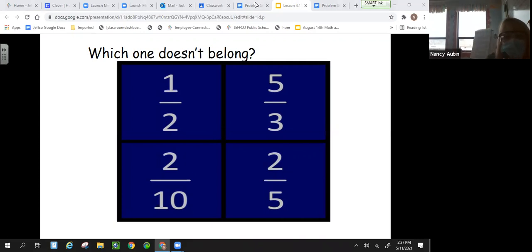Which one doesn't belong? And be sure you can explain why it doesn't belong. Write down your answer in your spiral, be thinking. Some of them have something in common. One of them does not. Which one is it?